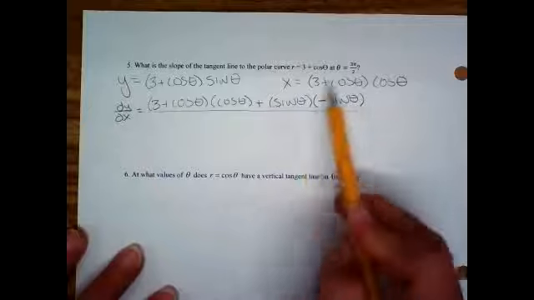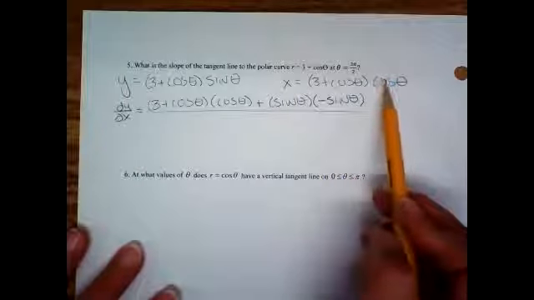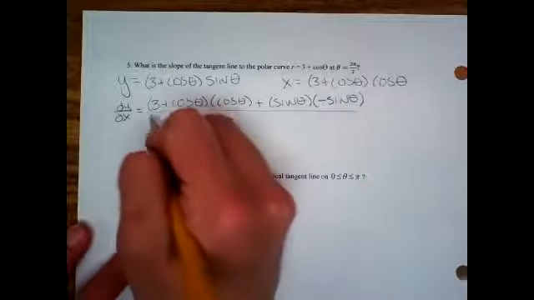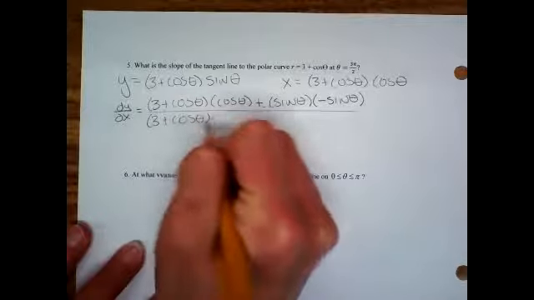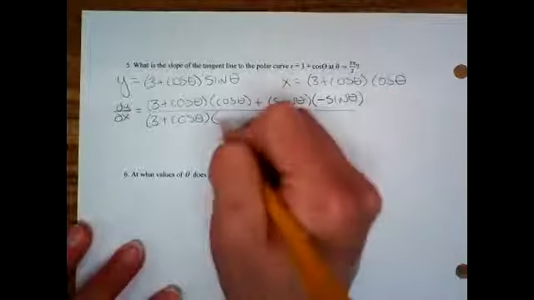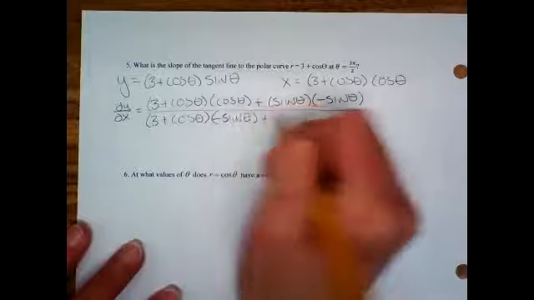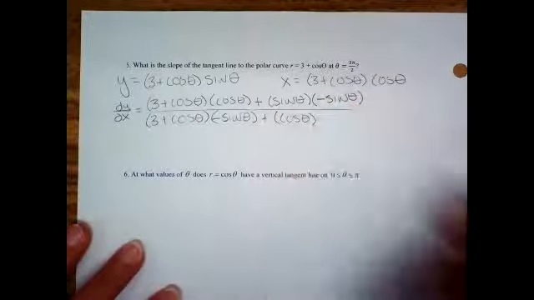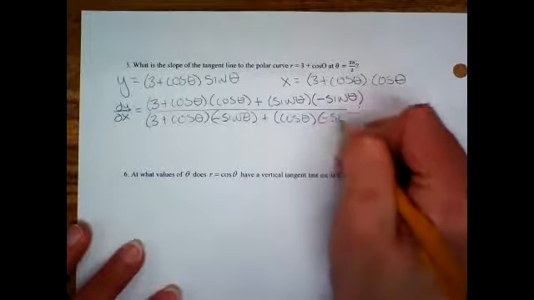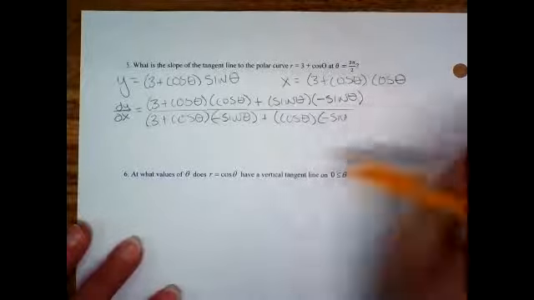Over, now we're going to do the derivative of this one. It's going to be nearly the exact same thing, right? First times derivative of the second. That'll be negative sine plus second times derivative of the first, which will also be negative sine.